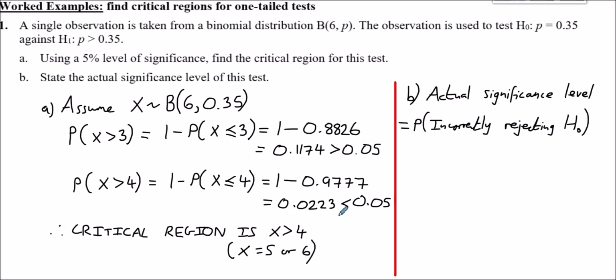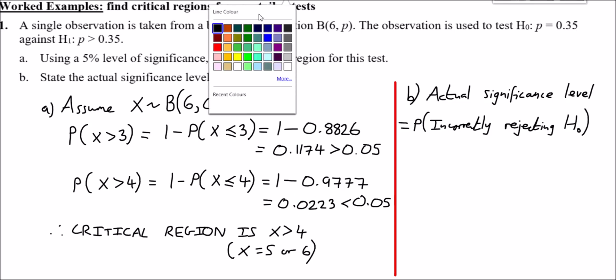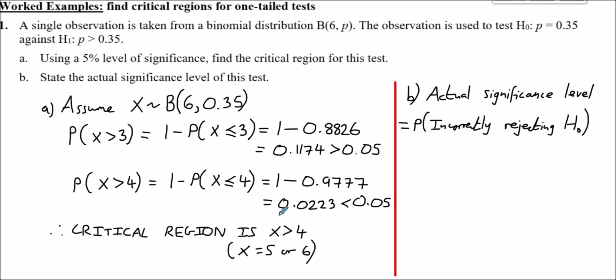So it's the chance of landing in this critical region, assuming H0 to be true. Of course, anything can happen, so what's the small, albeit possible, chance of landing in the critical region and therefore rejecting H0 if it were true? And it's this figure here. It's the probability of getting either x being 5 or 6, which we worked out was this figure here.